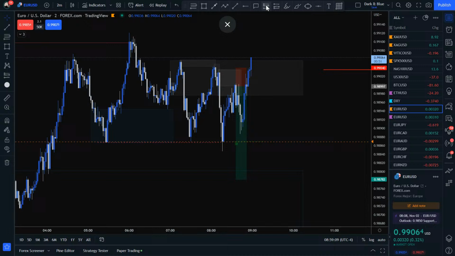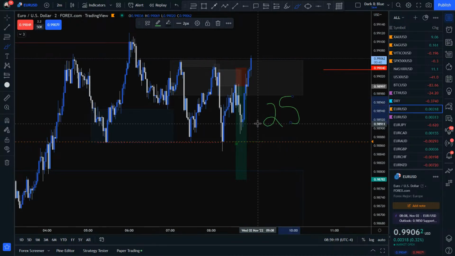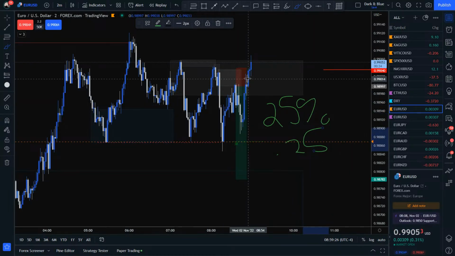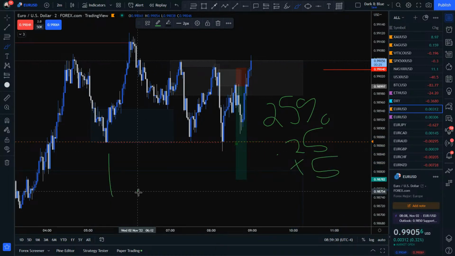5R. Let me get this down. Let me write this. I'm risking 0.25 of that, so this times 5 would give me 1.25.